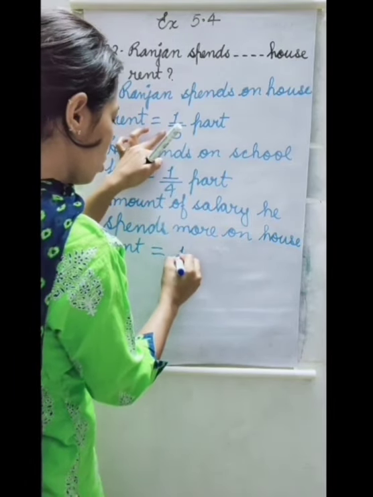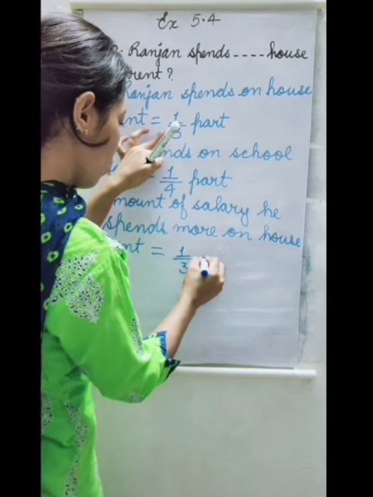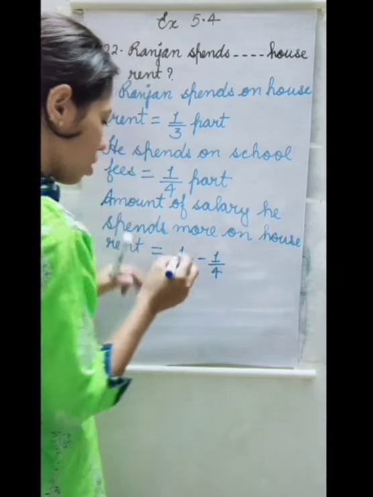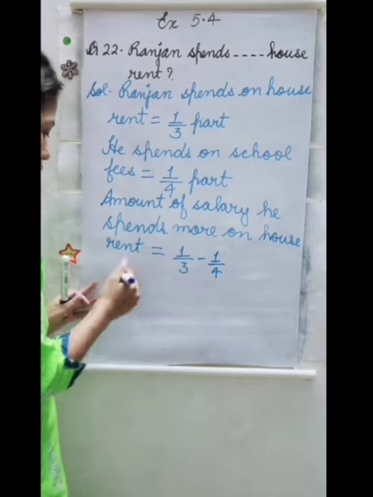So it means from house rent we will subtract the fees paid by him.